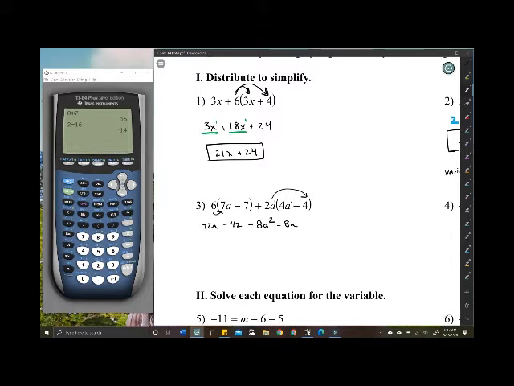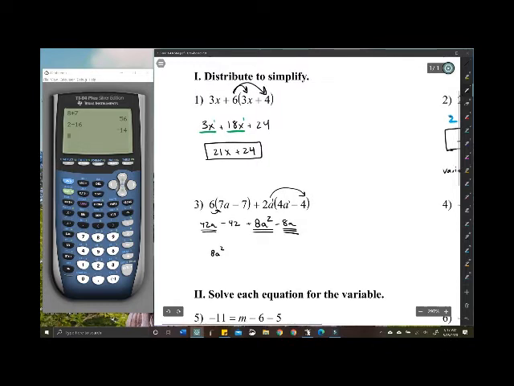Getting into here, okay, we have a squared. That term is going to lead the pack, followed by our a terms. So combine like terms, 42a and negative 8. So 42 minus 8 is going to be 34. So plus 34a.